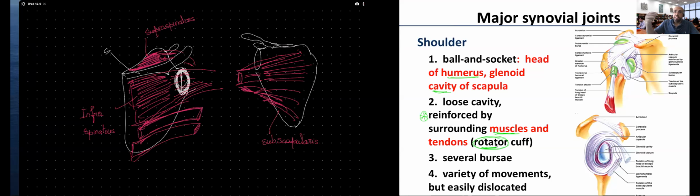As I have many tendons of those muscles traveling around the articulating bones, each time I move my shoulder, moving my arm at the shoulder joint, there will be some irritation to the tendons of those muscles.